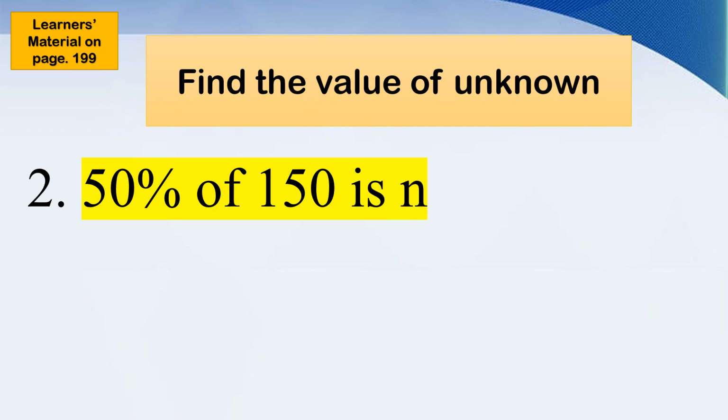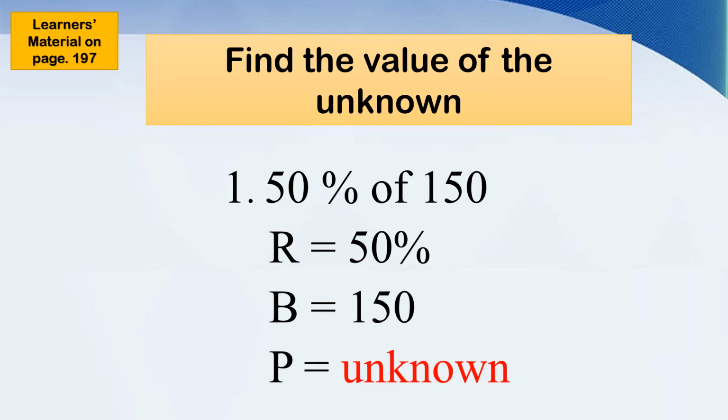Let us answer item number 2. 50% of 150 is N. The given are R is equal to 50%, B is equal to 150, and P is the unknown.